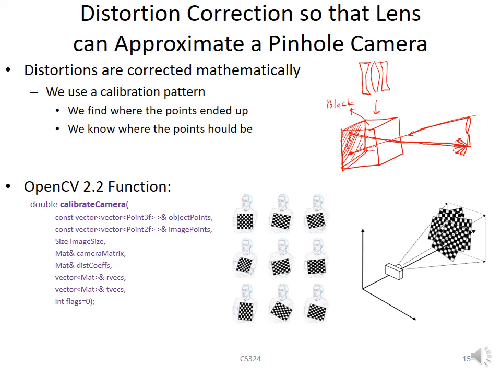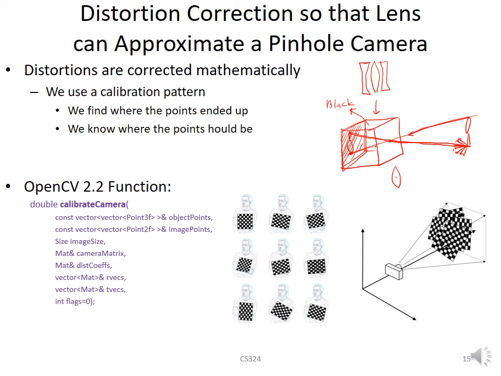So this is an inverted image. This is a pinhole camera. All light passes only one point. This is the center of the lens in an ideal thin lens. The distortion can be corrected mathematically.